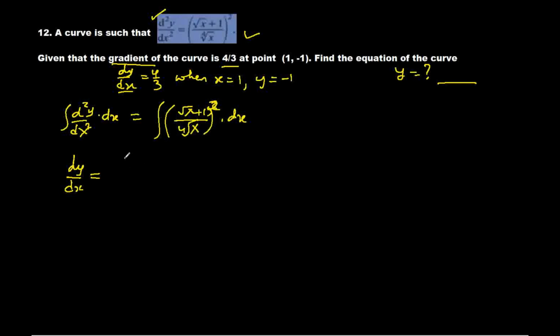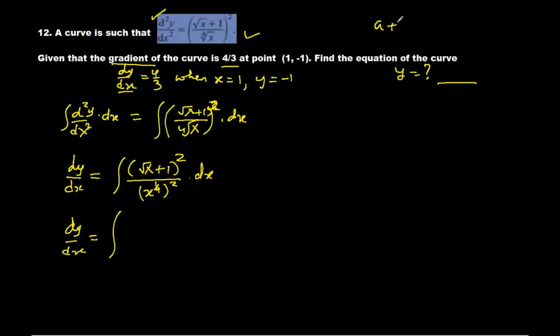So let's separate the two. Square root x plus 1, square, over fourth root, I'm writing as x to the power 1/4. Okay, is the same thing, square. So this square is applied to both numerator and denominator. That's possible with exponents, we can do that. So dy over dx is equal to, and let's expand this one. I'll again use the same identity I used in one of the previous questions, a plus b square, which is a square plus b square plus 2ab.